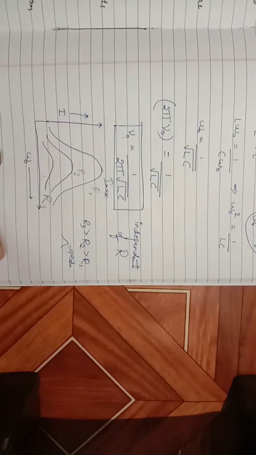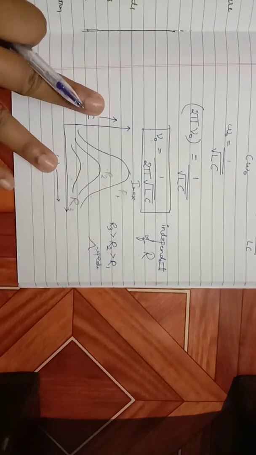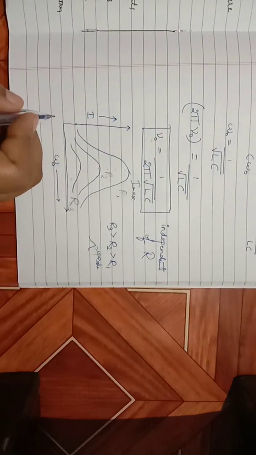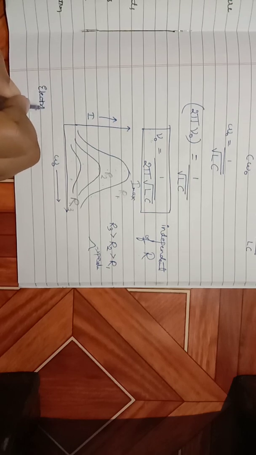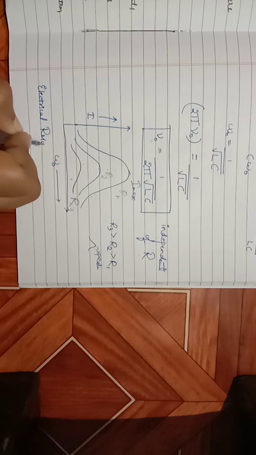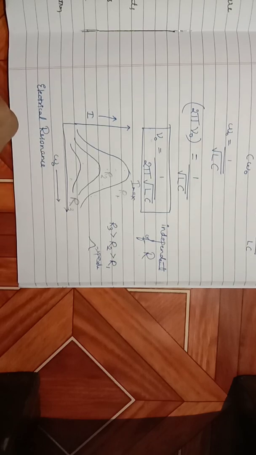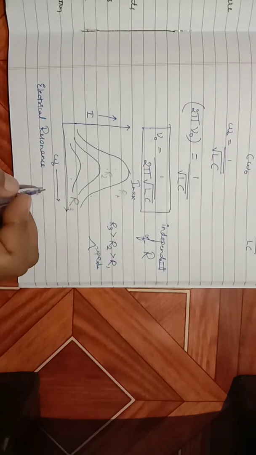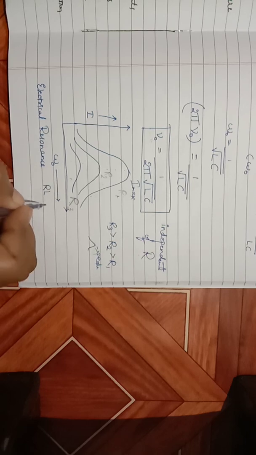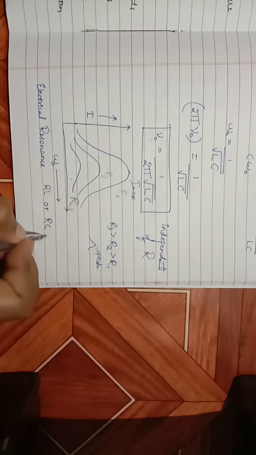One more doubt I am having. I read a statement in the book right now that electrical resonance cannot be obtained in an RL or RC circuit.